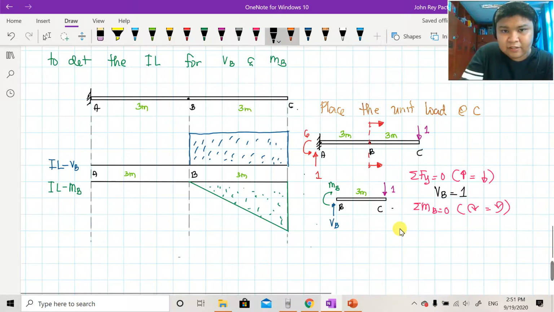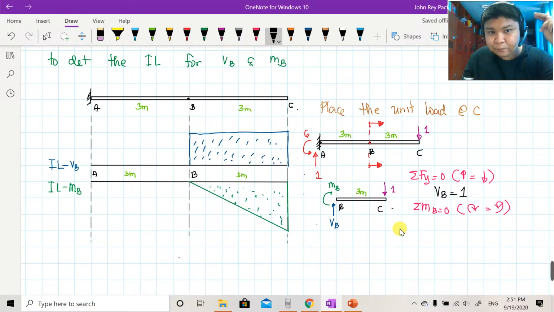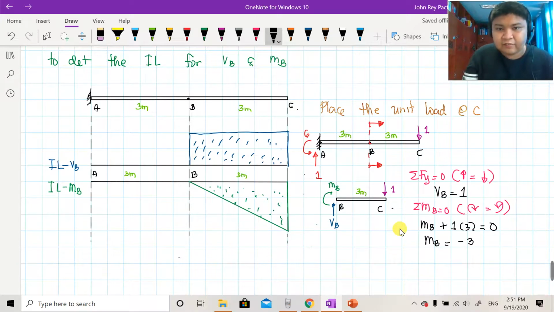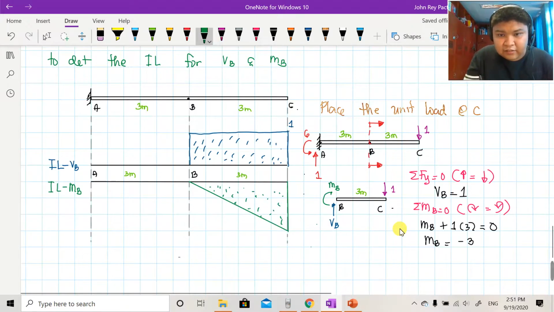So, automatic, ang mangyayari dito is yung magiging shear at C, 'di ba no? Yung magiging moment at C o moment at B plus 1 times 3 is equal to 0. So yung magiging moment at B natin is expected at -3. So therefore ilagay natin to as 1, positive siya, and dito is -3.